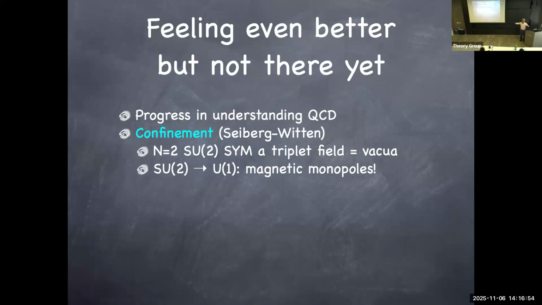And on this space of all possible ground states, called moduli space, they could identify the existence of magnetic monopoles, because whenever you break SU(2) to U(1), there's a topological monopole generically on this space of ground states. And in particular, there are special points on this space of ground states where this magnetic monopole non-perturbatively becomes massless.